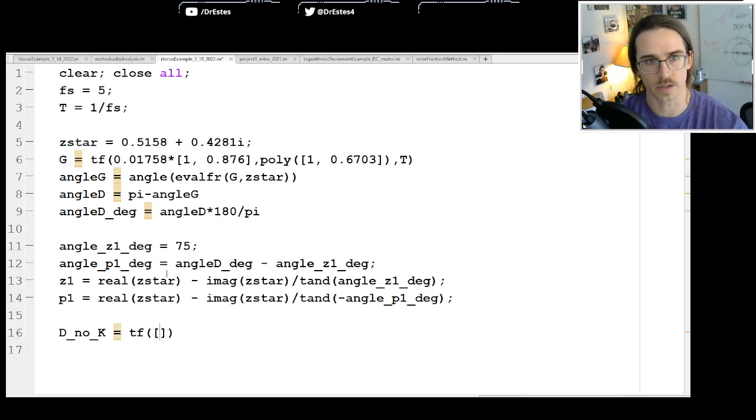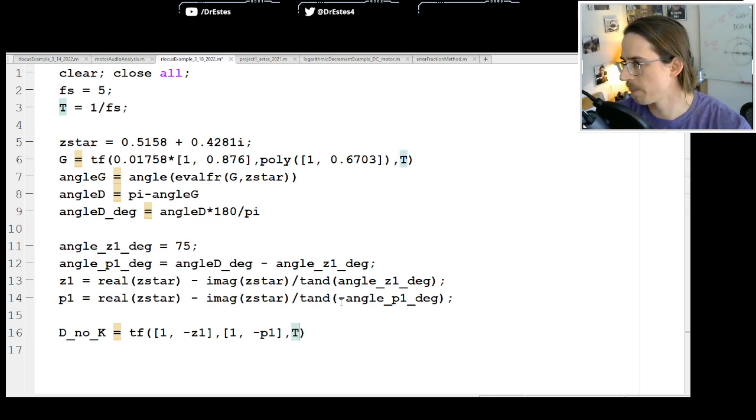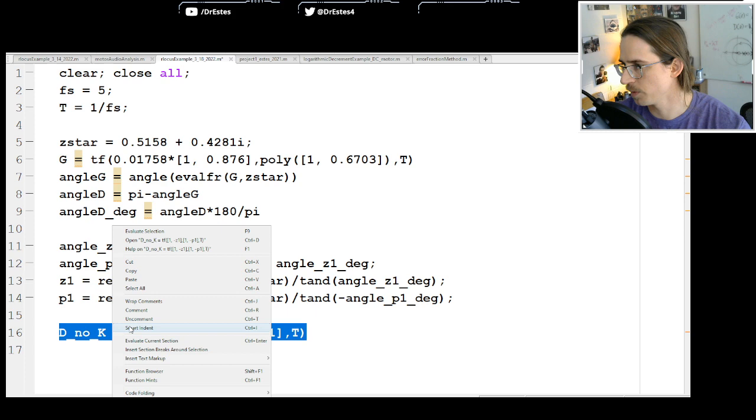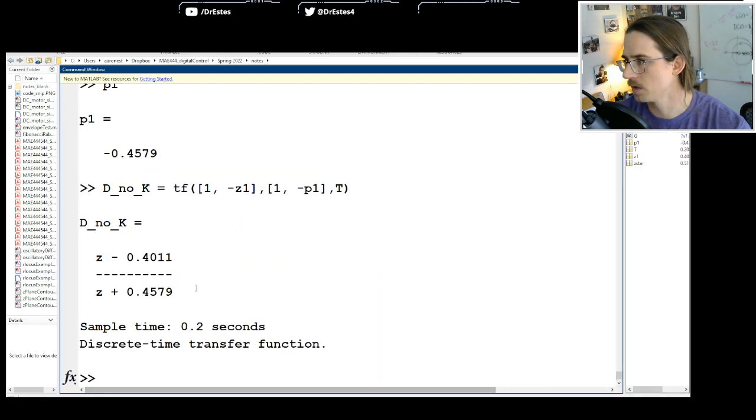The numerator is Z minus Z1, and the denominator is Z minus P1. To make it a discrete time transfer function, we just add the sampling period at the end. Let's take a peek at it.